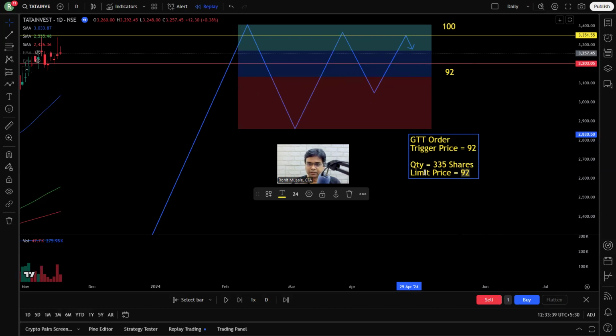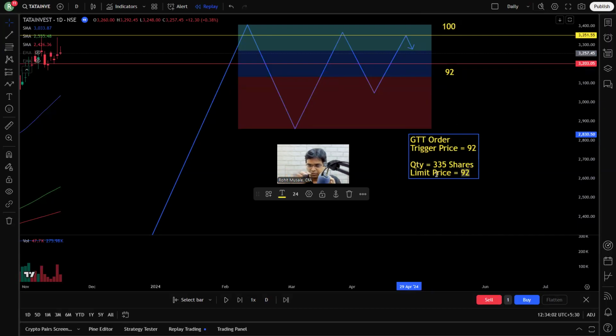Now, there is a problem with this order. Let's say the price hits 92 and it gets triggered. When it gets triggered, this order goes to the exchange. The time it takes for the order to go from the broker to the exchange could be very little, just seconds or microseconds.